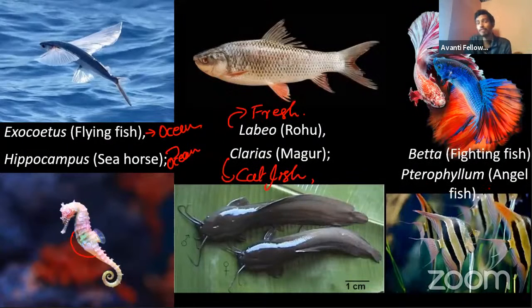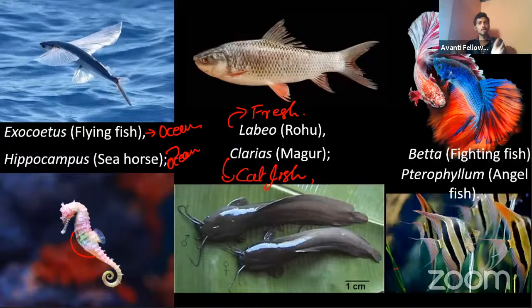And the second is Pterophyllum or angelfish. This is not a fish which you will eat. Probably Udupi and Mangalore guys know that angelfish is different; that fish is larger in structure. So that's completely different. This is the angelfish which you can keep in the aquarium, but it needs a lot of room.